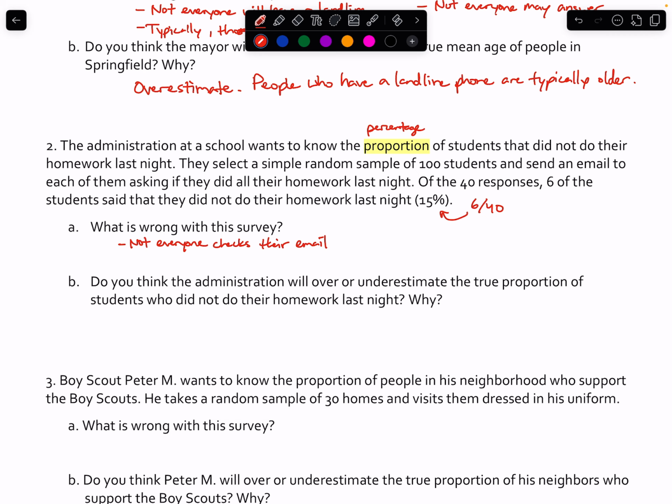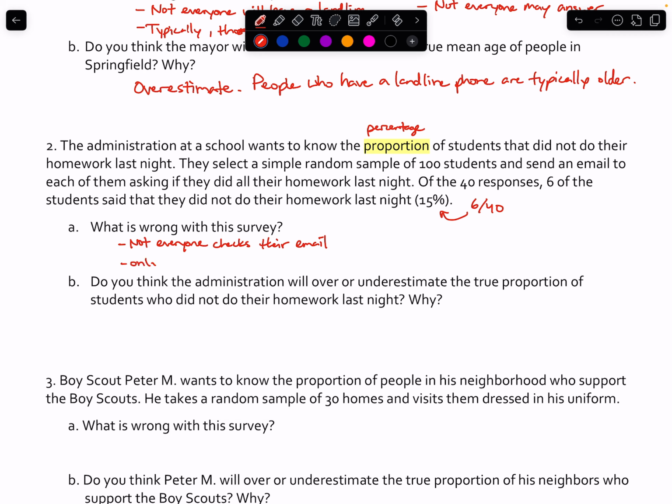Another issue is that only 40 students responded. I tried to collect data from 100 students, and only 40 of them actually replied to my email. That's kind of a big issue. This is an example of non-response. They're just not responding.